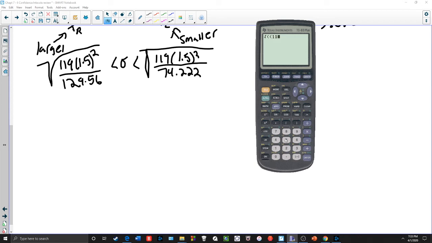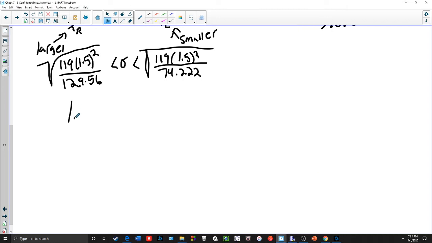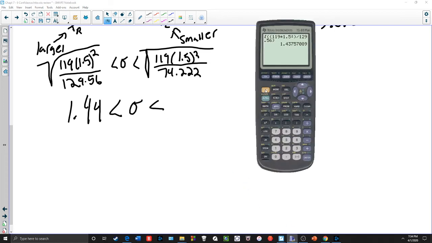So 119 times 1.5 squared divided by 129.56, and make sure it square roots all of that. 1.44, 1.44 less than sigma less than, and then if we do this again, but with the other one, 74.222, 1.9 essentially.